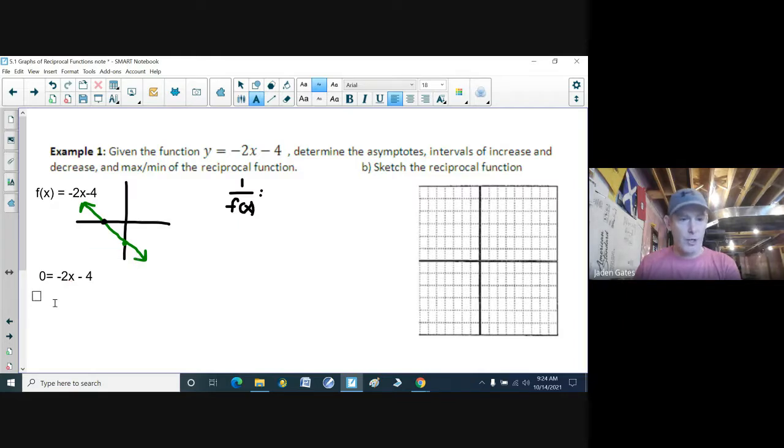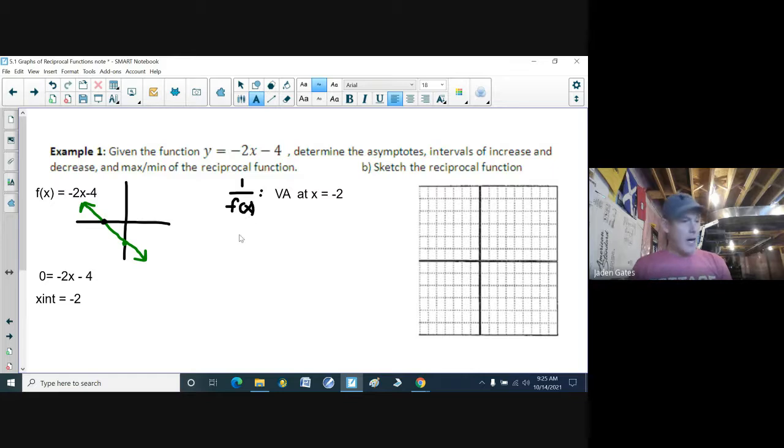Divide by negative 2. Looks like x is equal to negative 2. That would be my x-intercept. That means, under my reciprocal, I have a vertical asymptote at x equals negative 2.